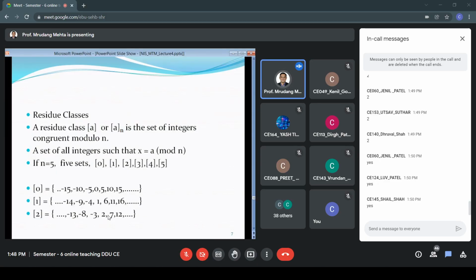Congruent modulo n. So if we have n equal to 5, then we have 5 residue classes. So first residue class 0. So which values should be taken so that the residue is 0, right? So if you divide -15 by 5, what is the residue? What is the remainder?